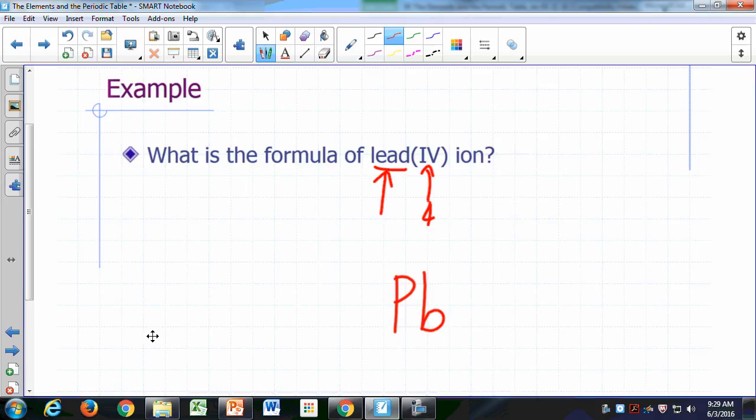Pb is lead, and the Roman numeral 4 means you put a 4 plus there. That would be the formula for lead(IV) ion. I have to specify the charge because I can't expect you to know what it is. If I say lead ion, you're going to have to ask me what charge. But if I tell you sodium ion, then you know the charge is plus 1.